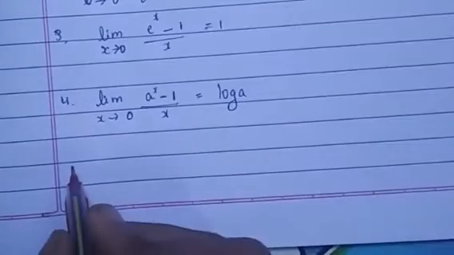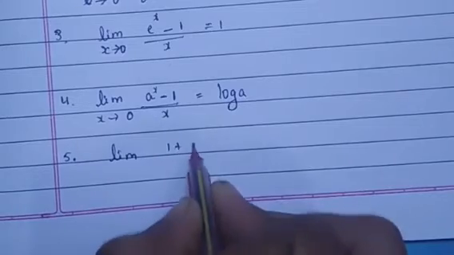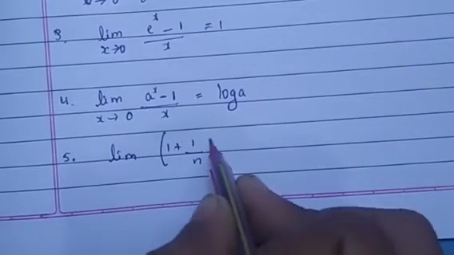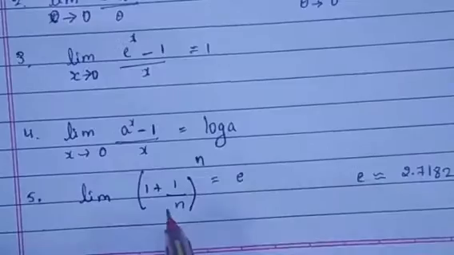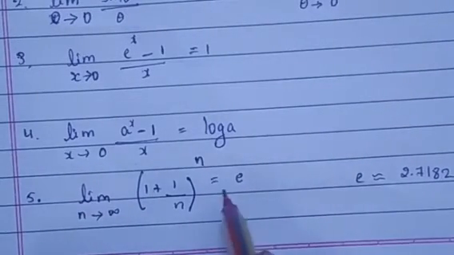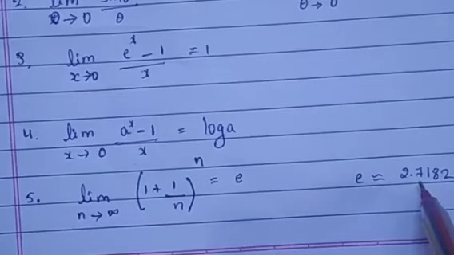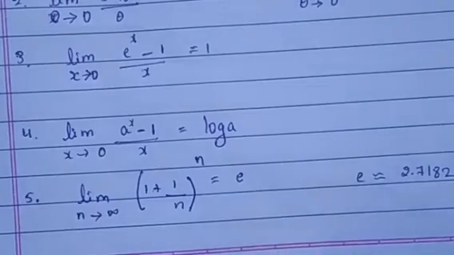And fifth one is limit of 1 plus 1 over n whole power n as n tends to infinity which is equal to e, where e is the exponential constant, whose value is approximately 2.7182.